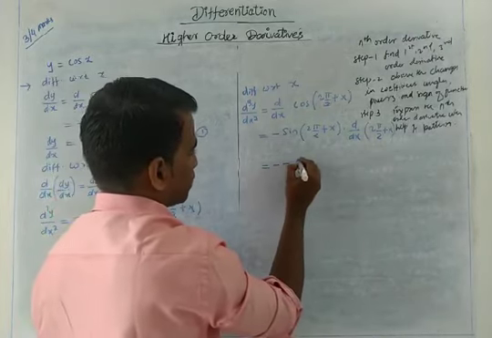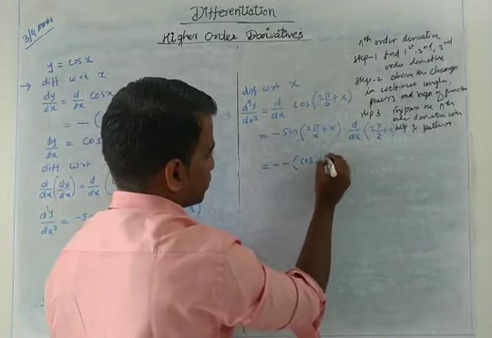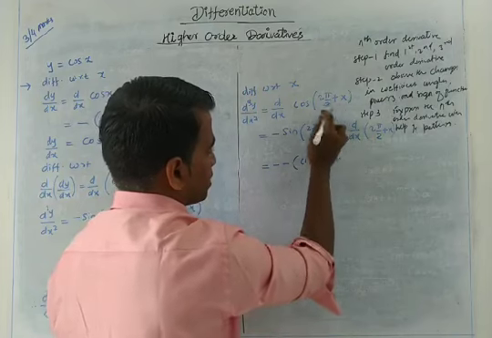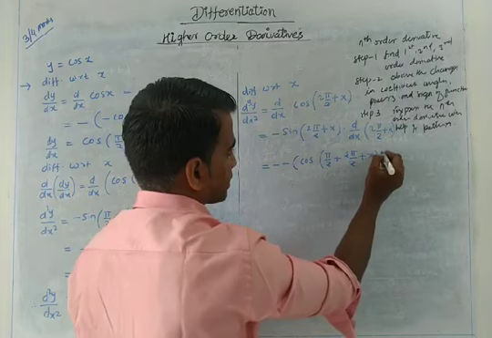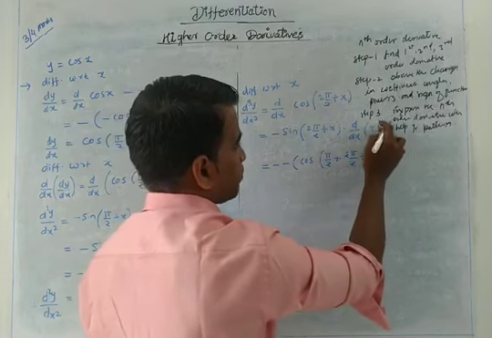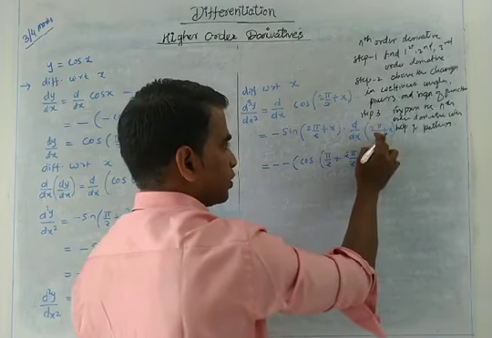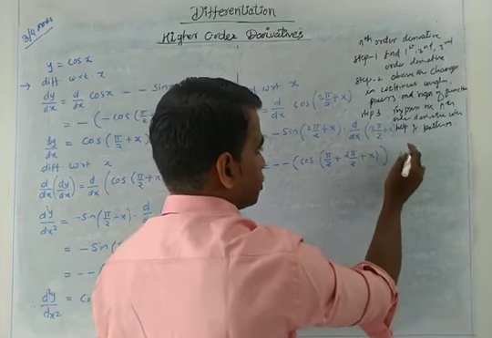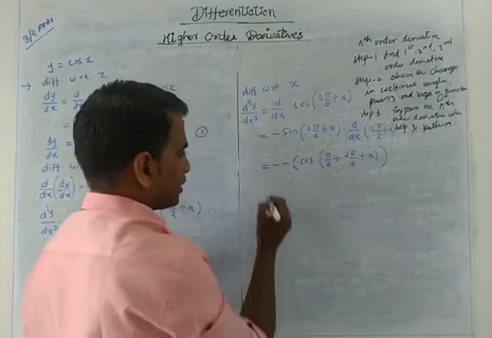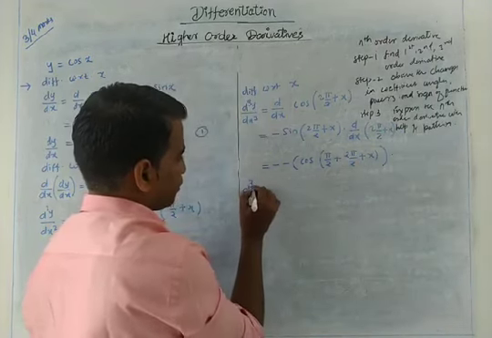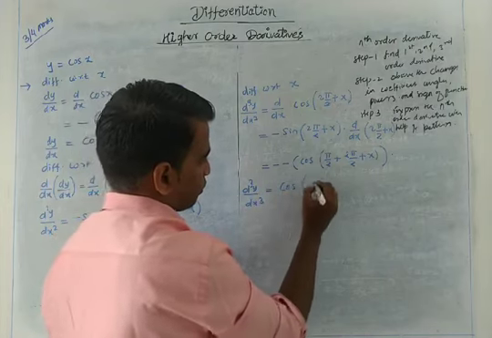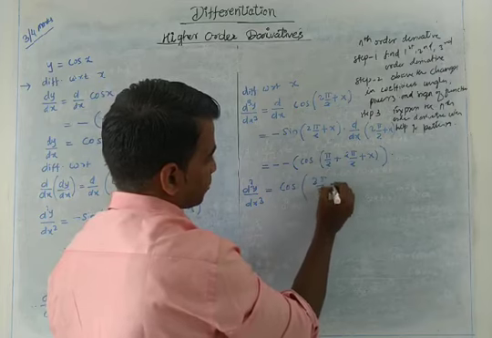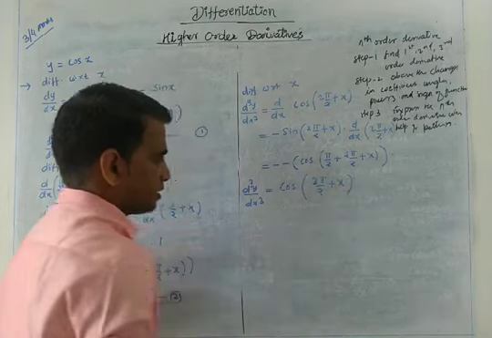So minus of minus cos of pi by 2 plus this value, that is 2 pi by 2 plus x, and the derivative of 2 pi by 2 is a constant term 0, and the derivative of x is 1, 0 plus 1 is 1, so no need to write. So the value of d cube y upon dx cube is equal to cos of 3 pi by 2 plus x.